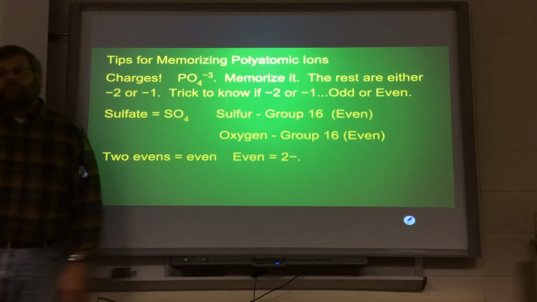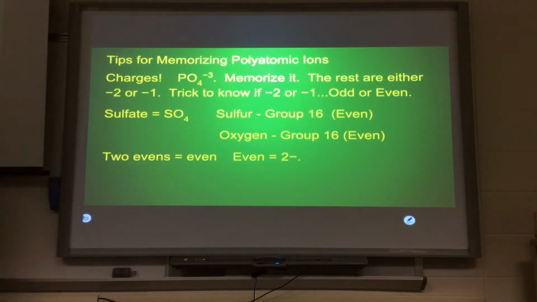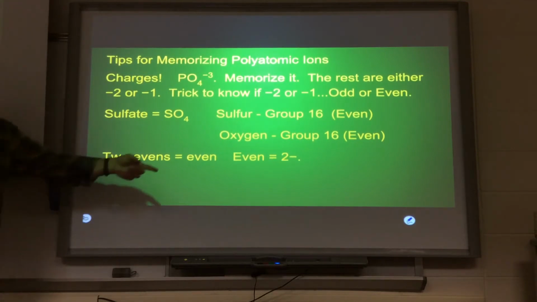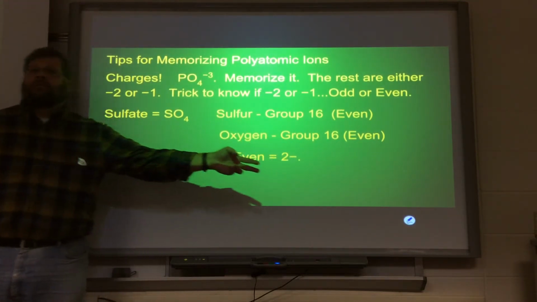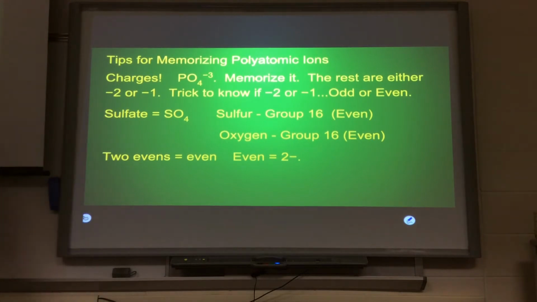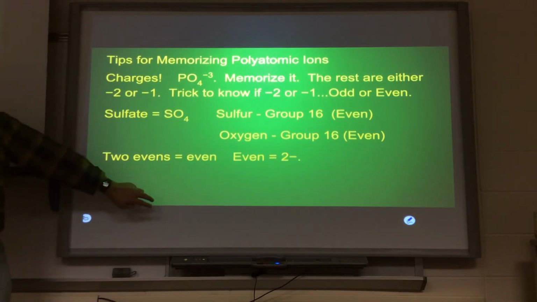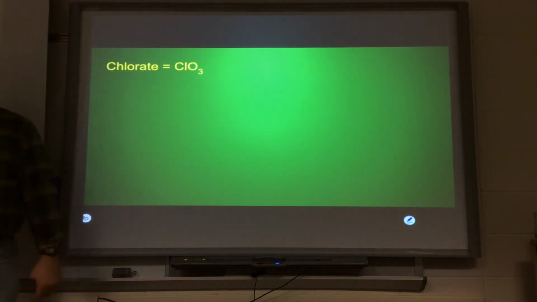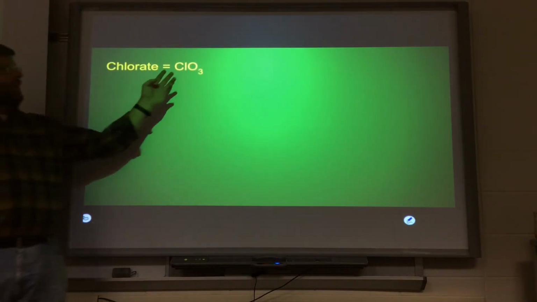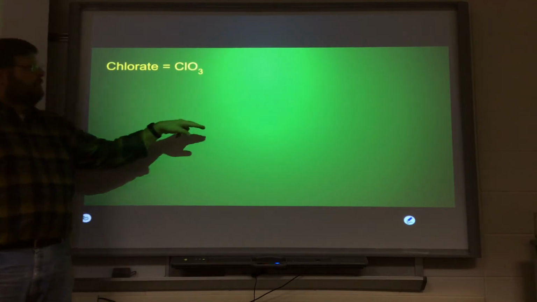Carbonate: carbon's in group 14, which is even. Oxygen's in group 16, which is even. What charge would carbonate have? 2-. Even, you're going to have a 2- charge. Let's take a look at the next one on here, chlorate. ClO3, so I've got two elements here, chlorine and oxygen.